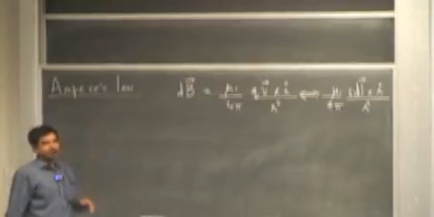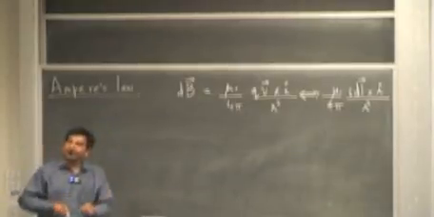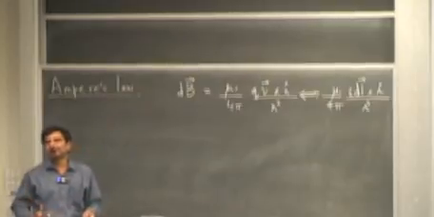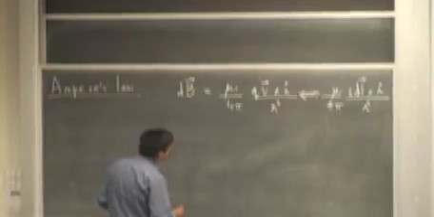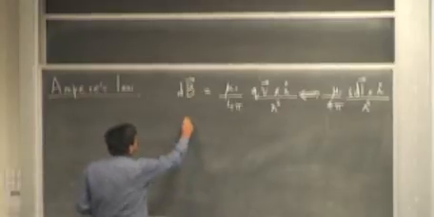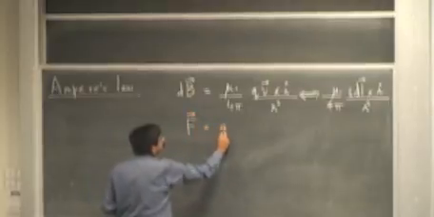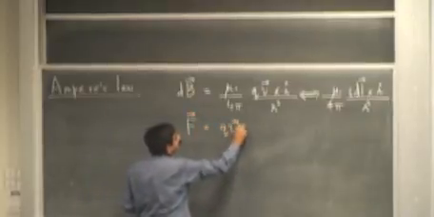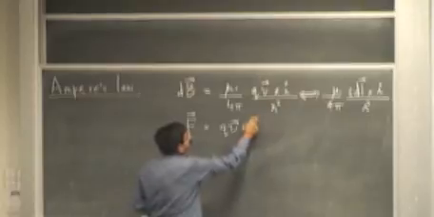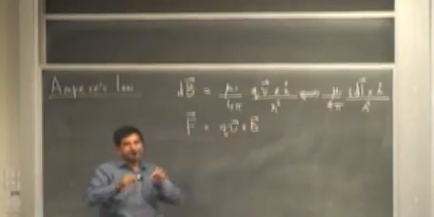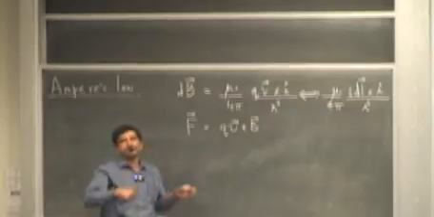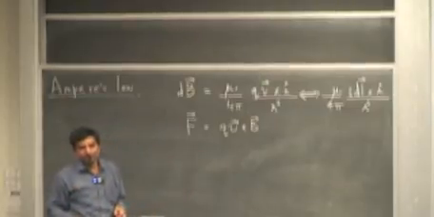The other thing that we've learned is that if we have a moving charge inside a magnetic field, it experiences a force. And the force experienced is simply given by F equals q v crossed with B. So you take the cross product of the velocity vector of the charge with the magnetic field at the location of the particle, you get the force on the particle.